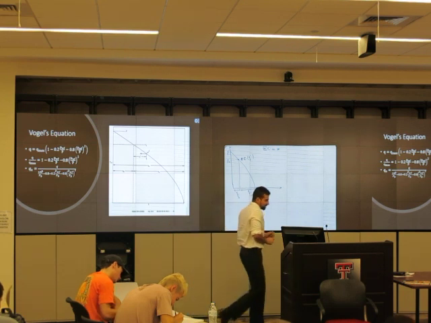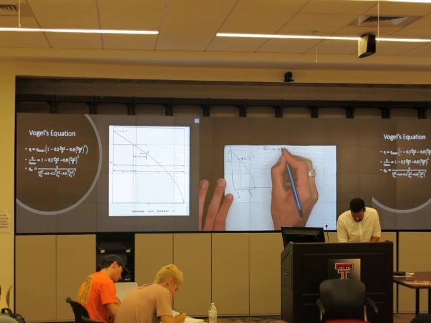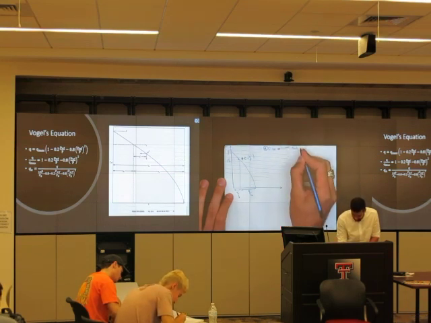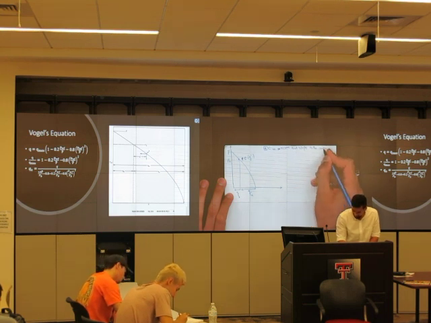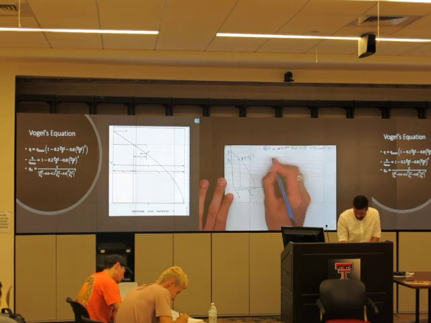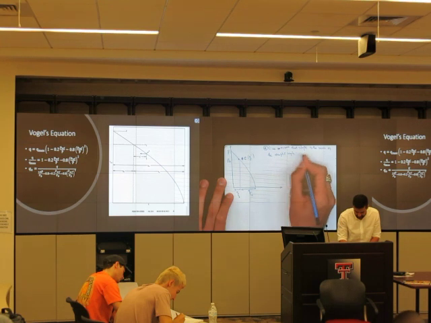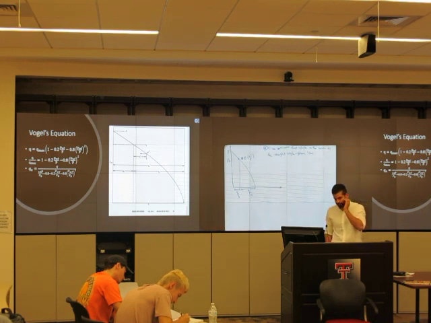So the first assumption that we should have is that the slope is the same as this straight single phase line.